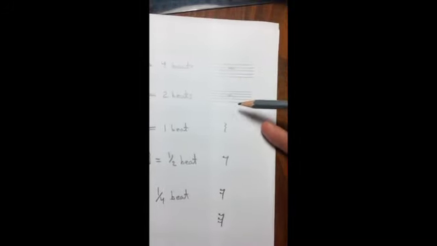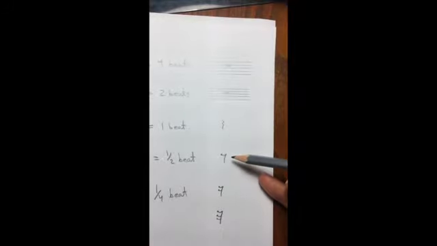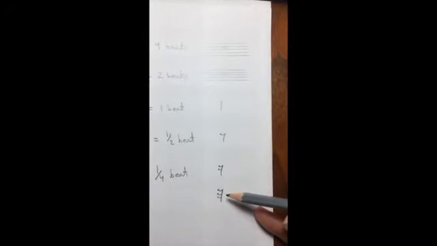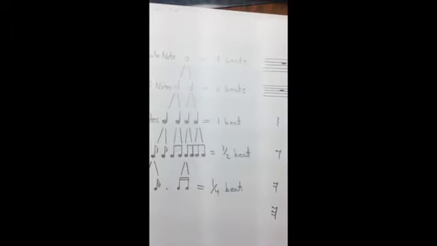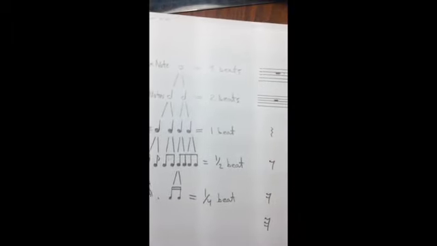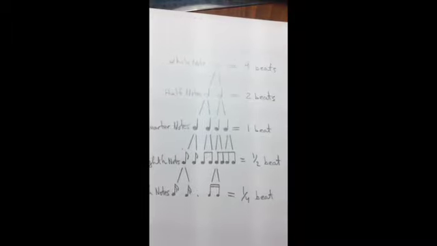And if we go on to the 32nd rest, it's going to have 3, etc., as we get smaller and smaller. So there's the whole rest, the half rest, the quarter rest, eighth rest, 16th rest, 32nd rest, all equaling the same amount of time as their corresponding beats. Okay, so that's notes and rests.